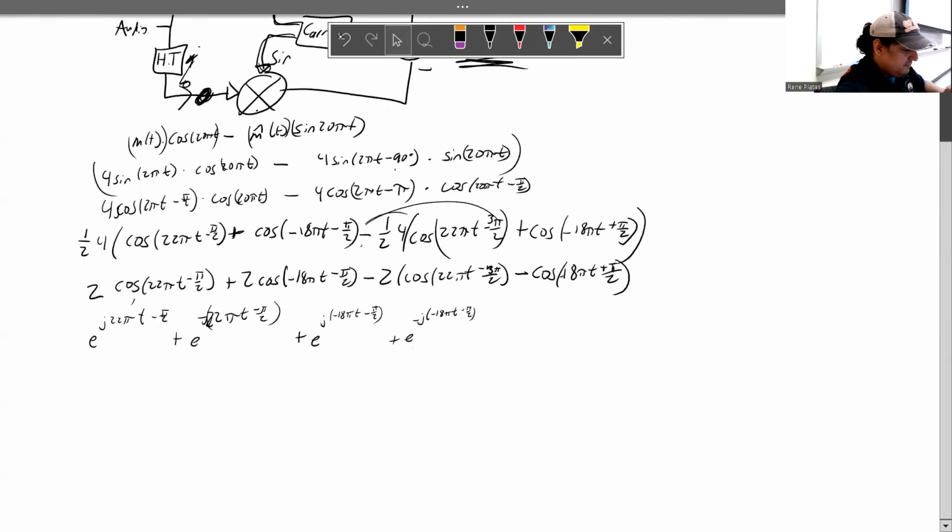I thought two of them were going to cancel. When did this become 90 again? From sine to cosine.